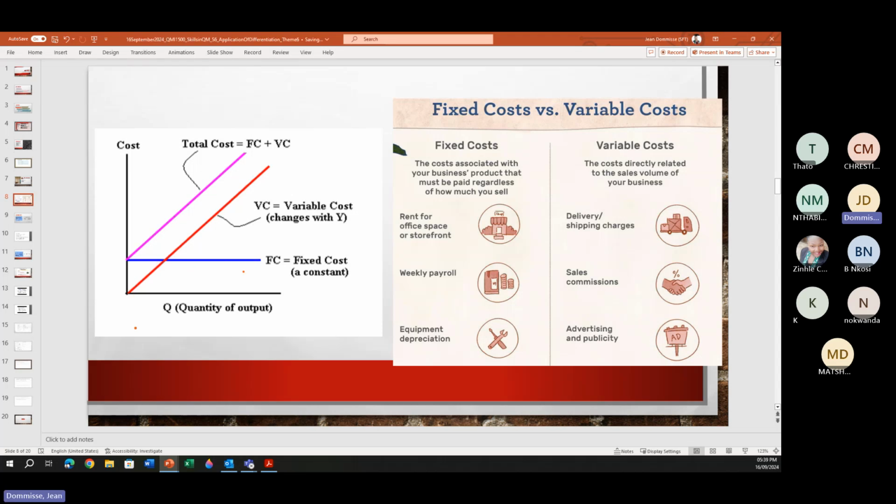So it doesn't matter if you're renting whether your quantity of output is 10 or 20. If you pay rent, that will be exactly the same.